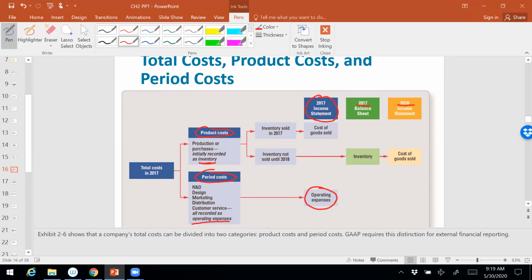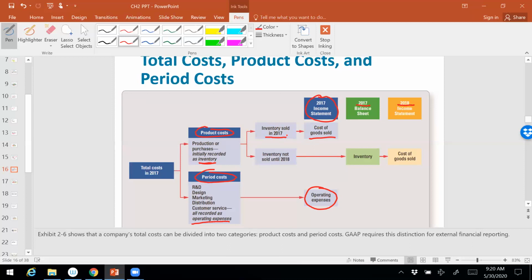Okay, so this is the income statement. Those are the operating expenses. Whenever it happens, we expense them immediately. And then for the product cost, remember, they were sitting in our balance sheet as inventory. So if we sold the inventory in 2017, the inventory will become cost of goods sold in the income statement, right?